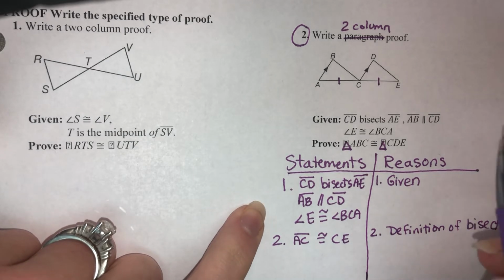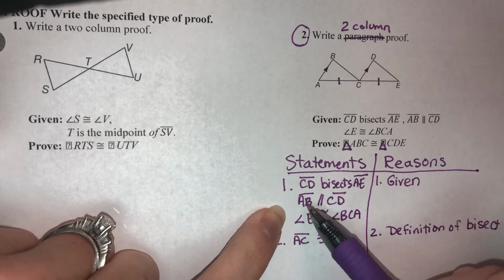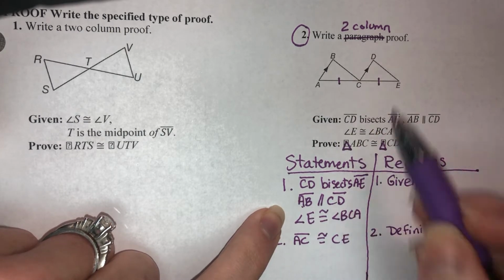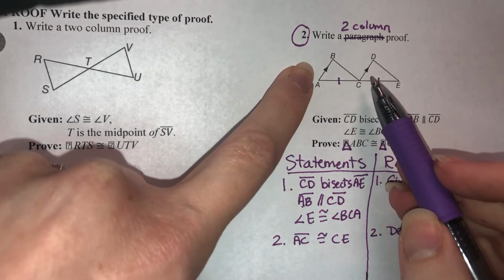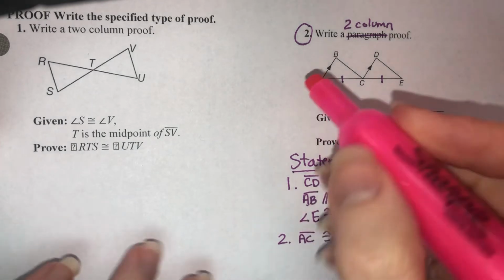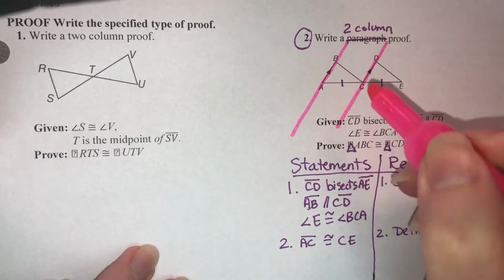Okay, now the second statement here says side AB, which is this one over here, is parallel to side CD. That's what these little arrows mean that you see on the picture. They've marked them parallel. So if you look here, this line is parallel to this line.